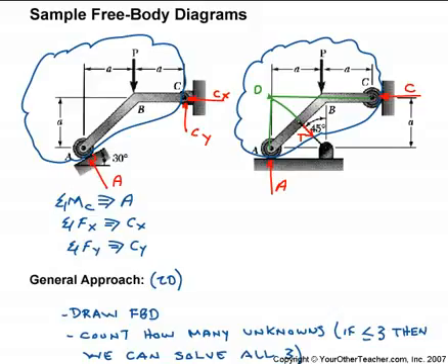Alright, so now we can take moments about point D. If we take moments about point D, well, this one cancels, this one cancels, and C cancels. Let's just think this through a little bit more. If all three of those cancel, then in our moment equation we have negative rotation of P times A equals 0.